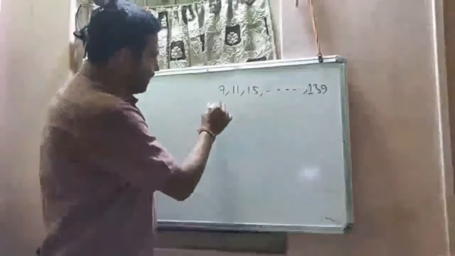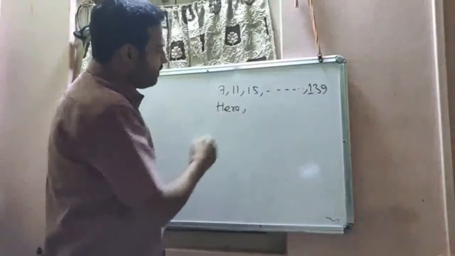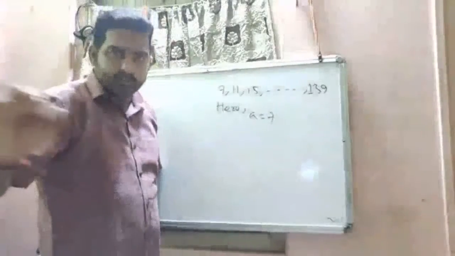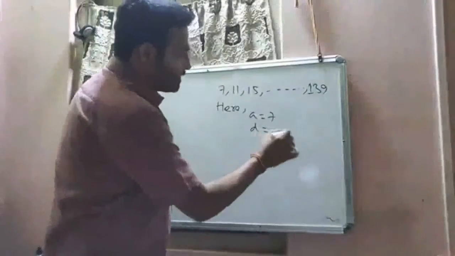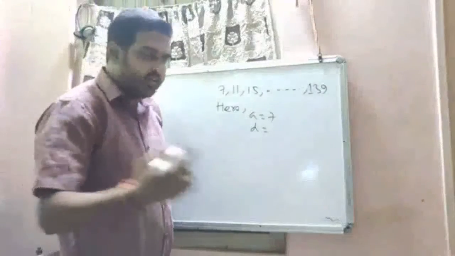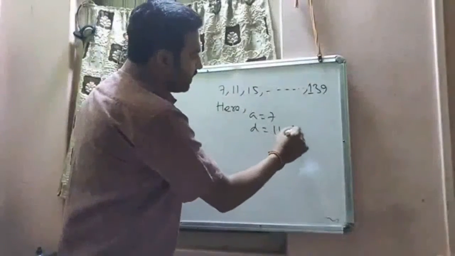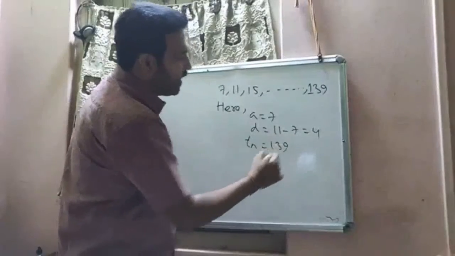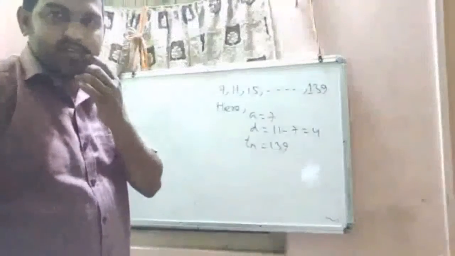So let's find out. Here a is equal to 7. No problem. The common difference again is t2 minus t1, that is equal to 4. The nth term is given as 139.